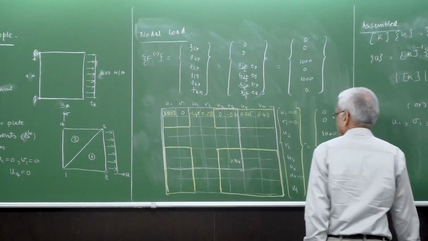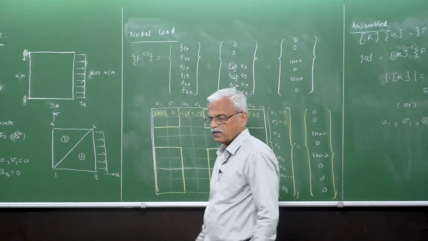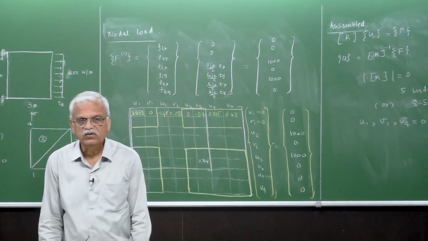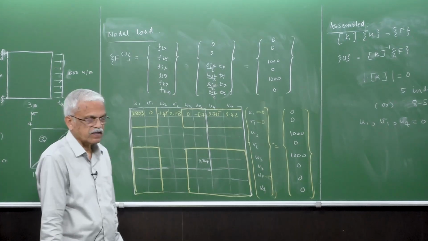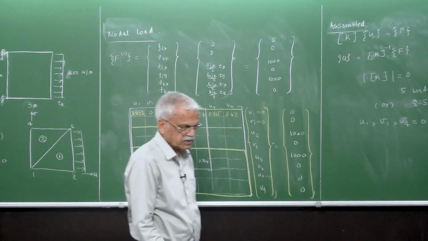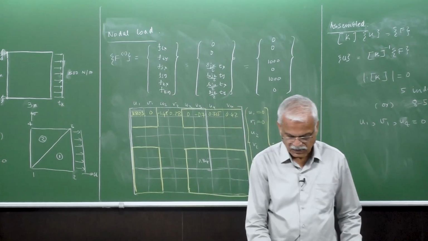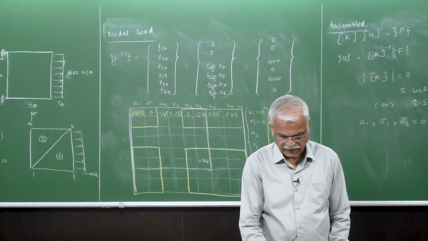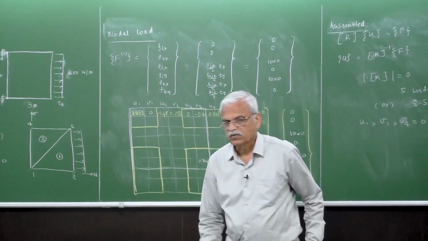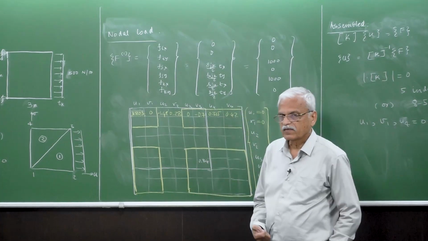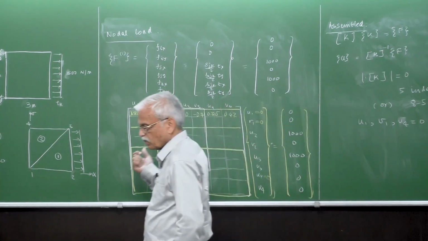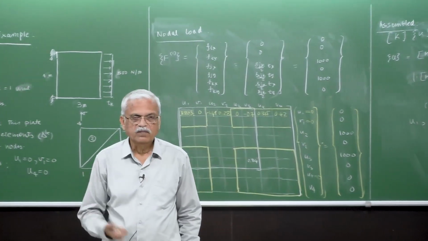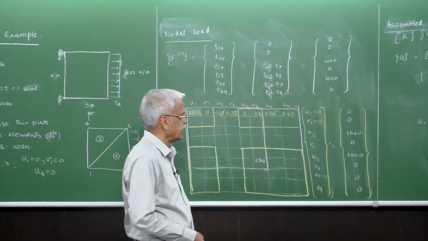We have 8 equations. So the question is which 5 we can choose out of these 8 and solve for the 5 unknowns. Which need to be considered depends upon the kind of mathematical procedure we adopted in deriving this equation. In fact, this is the variational formulation, that is, minimization of potential energy.